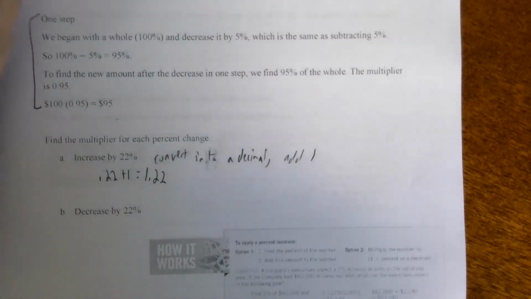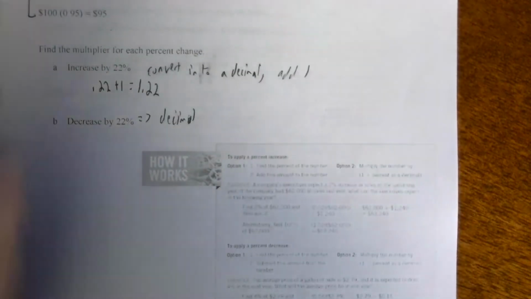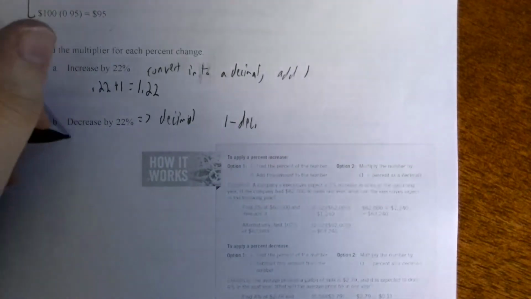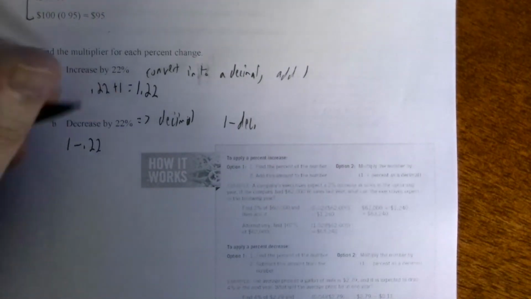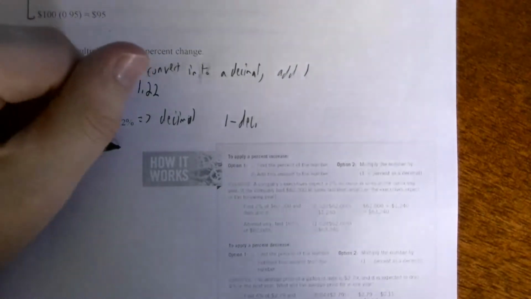Okay? And then similarly, if you have a decrease, you're going to change it into a decimal. And then instead of adding that decimal to 1, we're going to do 1 minus that decimal. So I'm going to have 1 minus 0.22, and if we do that, we will get 0.78.